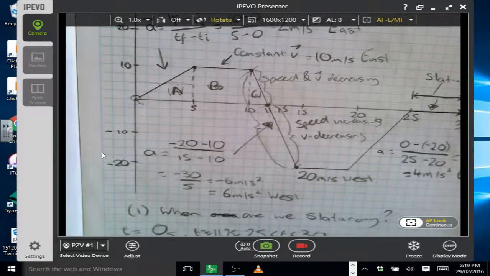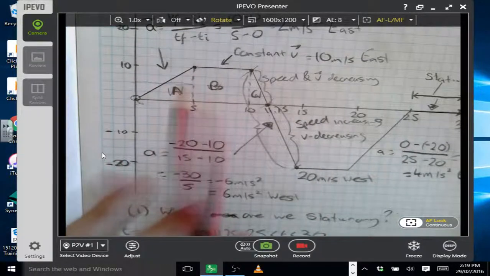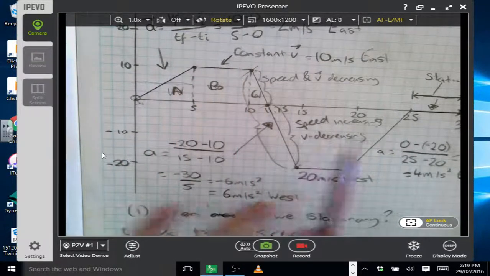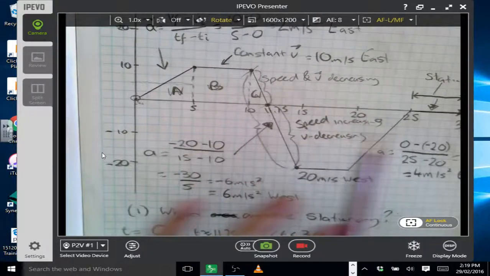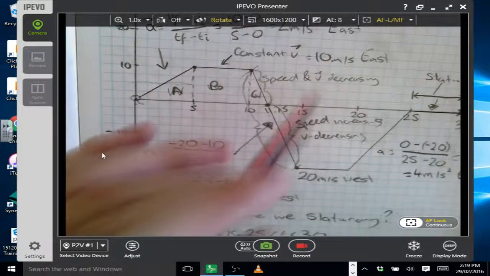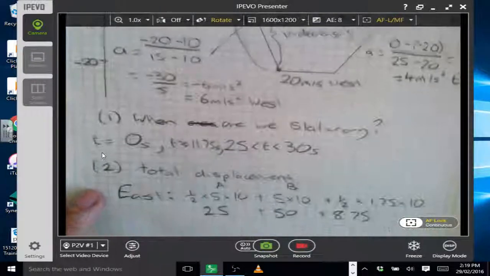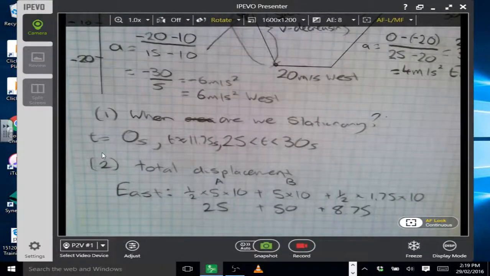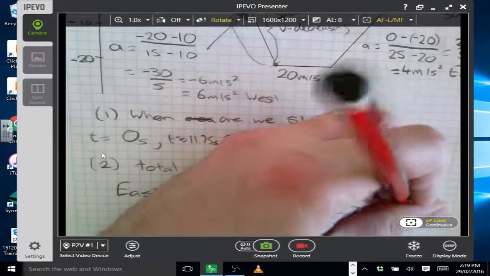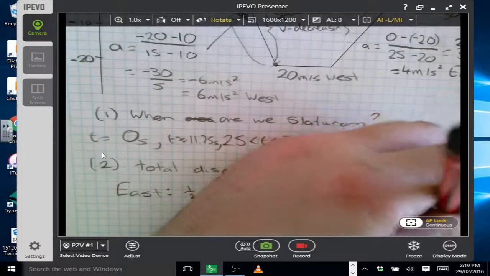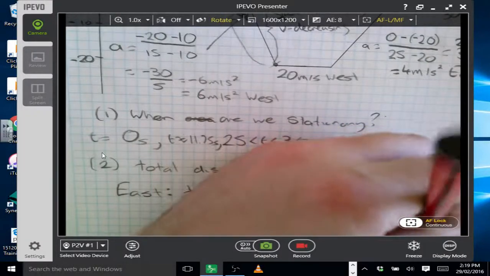You have to separate the negative areas and the positive areas, because positive areas would be motion in the positive direction, and the negative part, that area will be displacement in that direction. So if I work that in total, 25 plus 50, 75, 83.75 meters east. Okay, that's the first part.